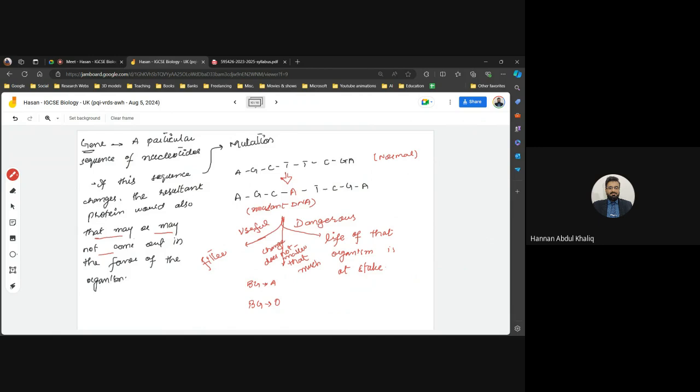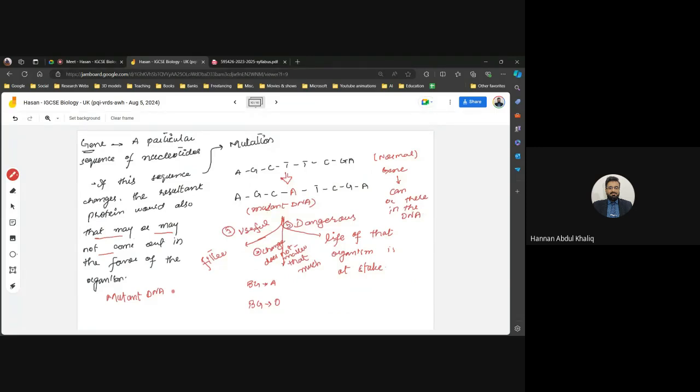So the mutation can result in these kinds of things. Please focus here. It means that the normal gene can be there in the DNA, but the mutant gene or mutant DNA can also be there. Let's say this is the first category, this is the second, and this is the third.